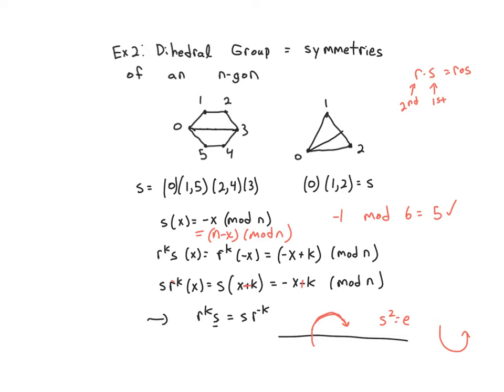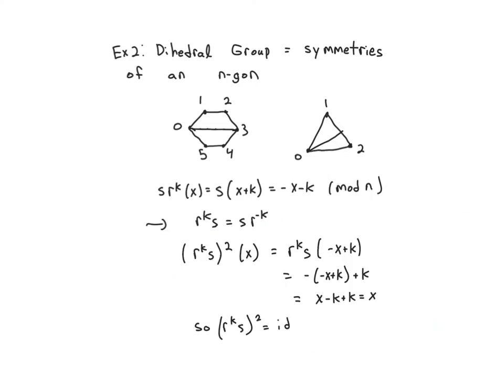And so that sort of tells you you go from clockwise to counterclockwise. However, that remark aside, what we have seen is that we have this relationship between the reflection and the powers of the rotation operation.